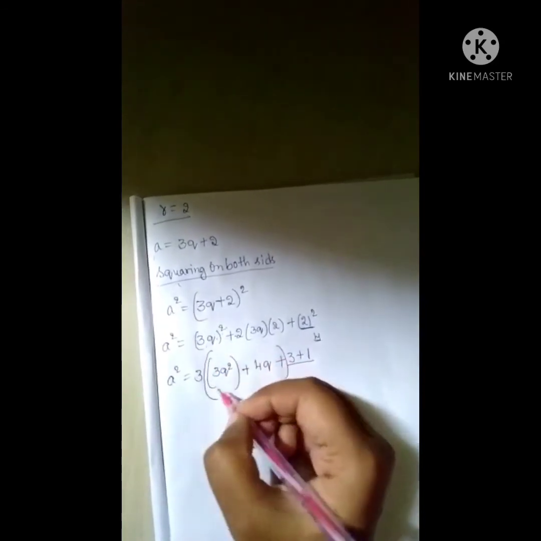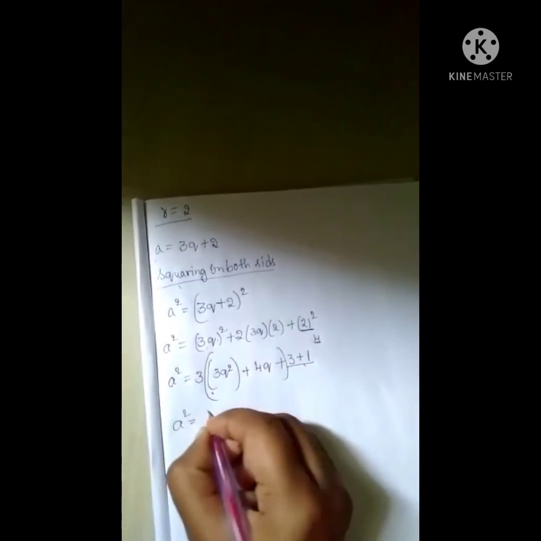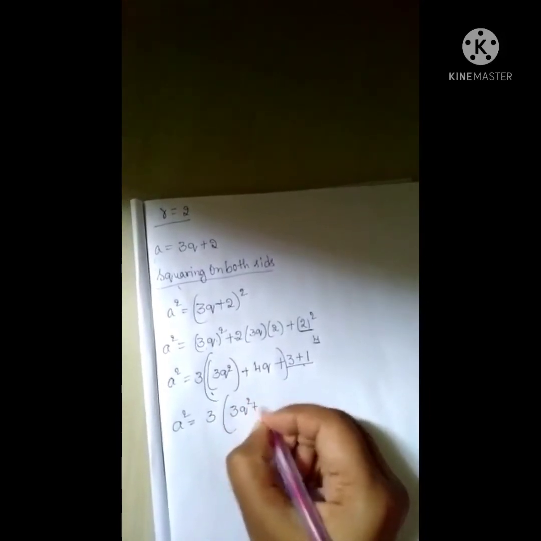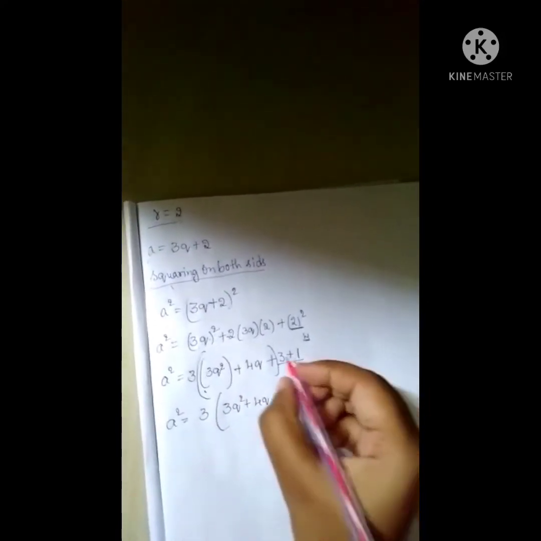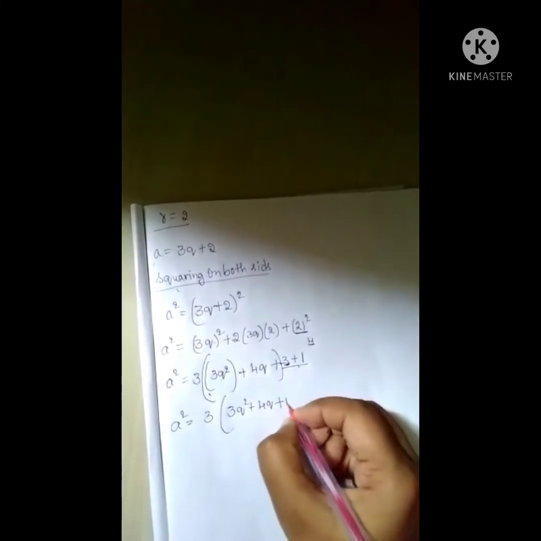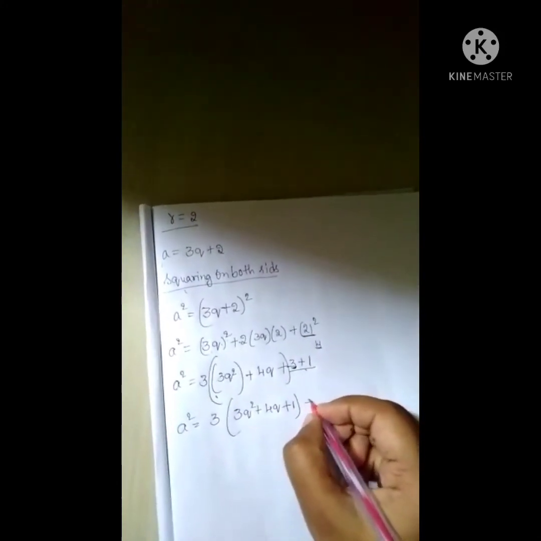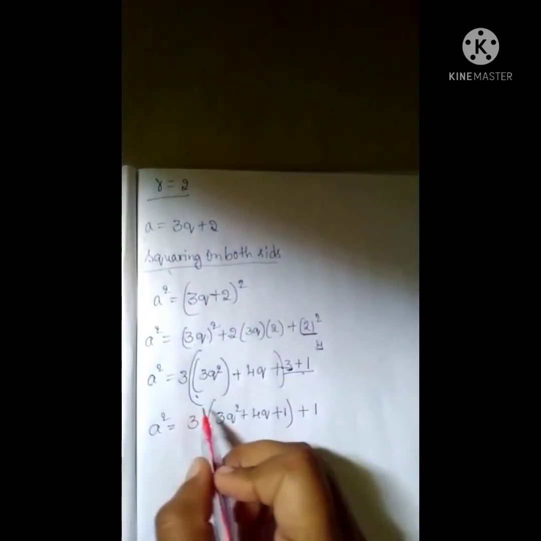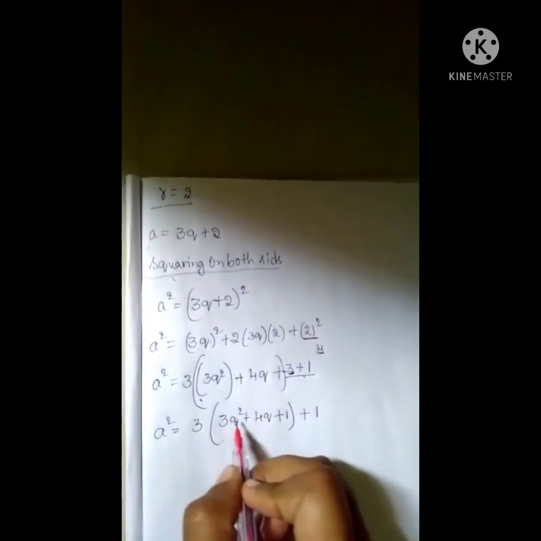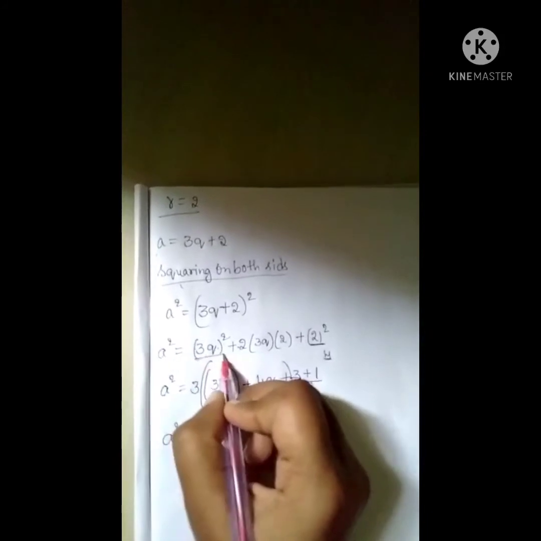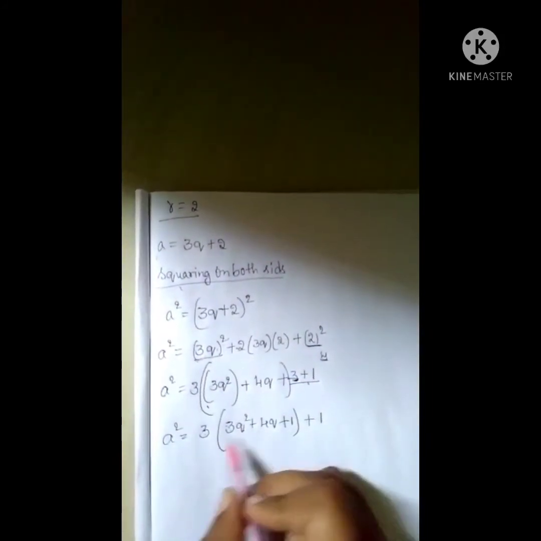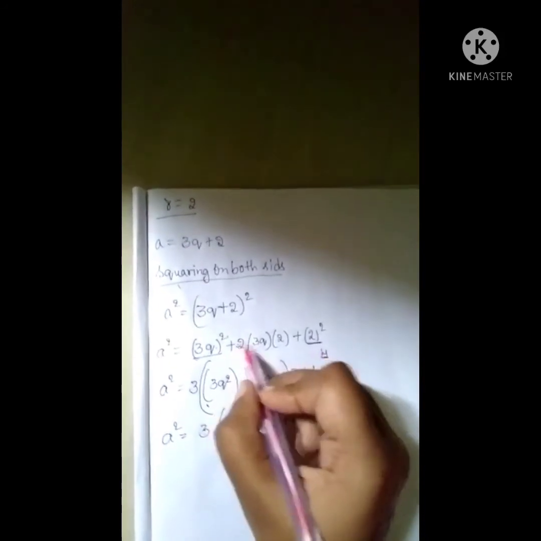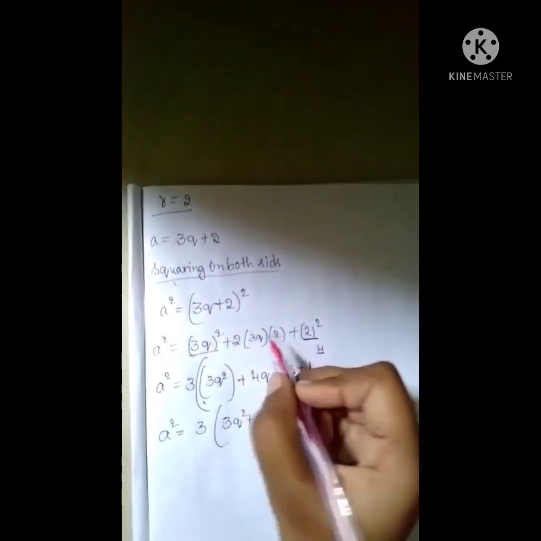Now let's take only these common. Now again write in another step: 3q square plus 4q, this 3 here, plus 1. Okay, why I am writing, if you see 3, 3, 9, so it becomes 3q square, 9q square; 3 4s 12, and here also 3 2s 6, 6 2s 12.